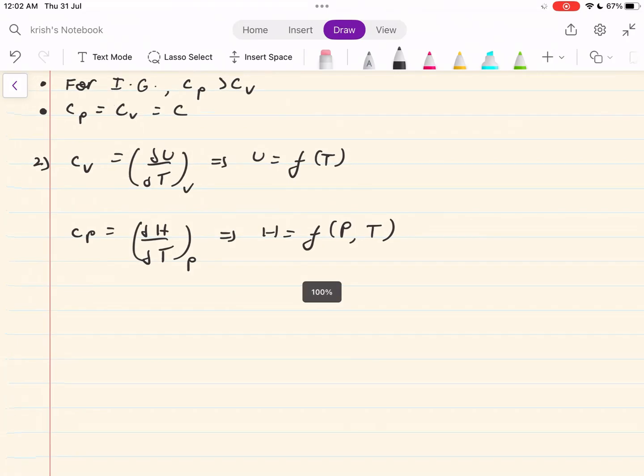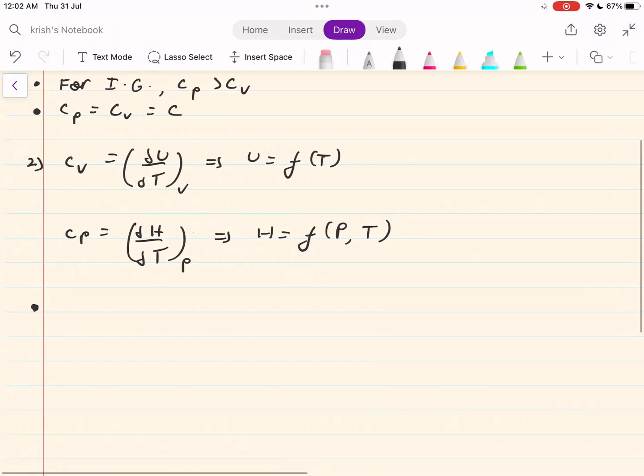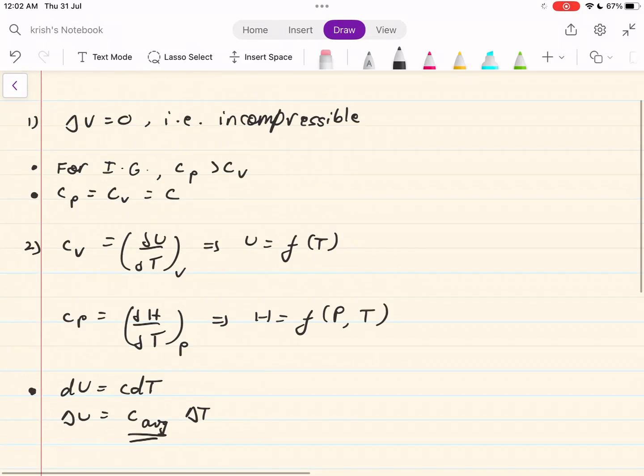So what you need to remember is that du equals c dt is still valid here, and delta u equals c average delta t. C average is the average specific heat.